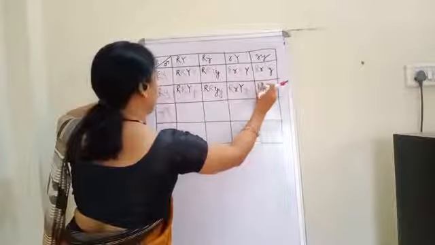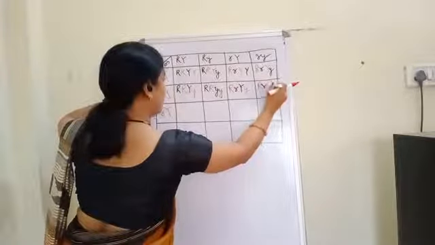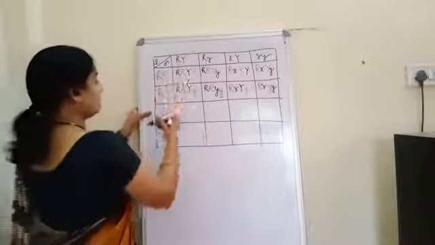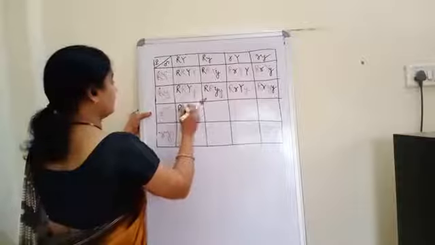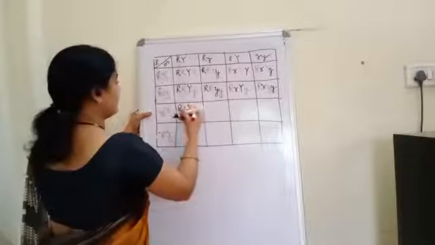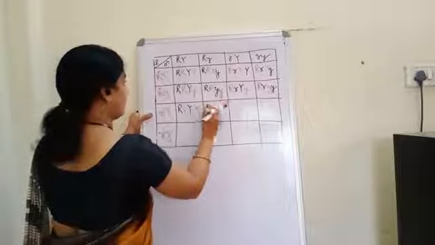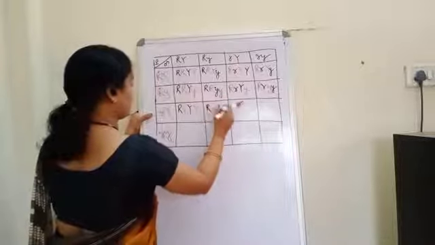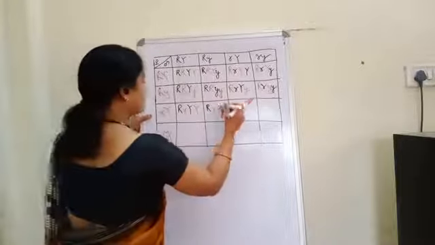Capital R, small y, and small y. Come to this. R, Y, Y. R, Y, Y. See this?